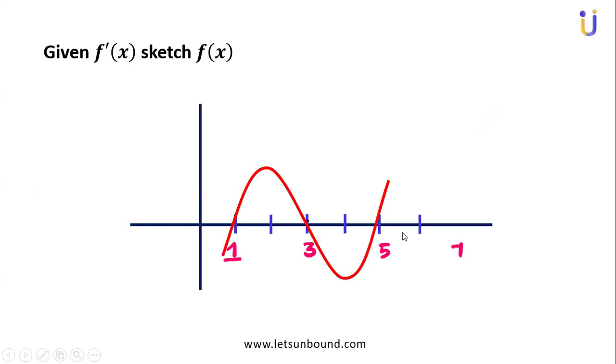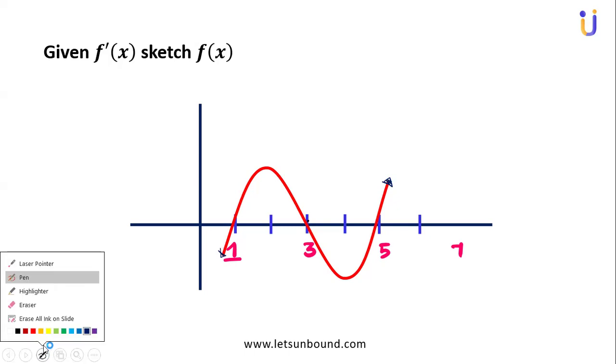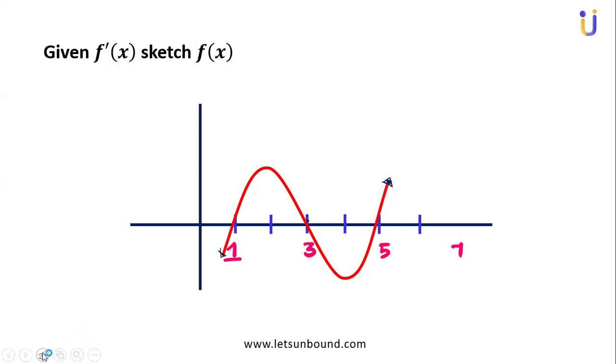Let me give an example. This is your f dash. You have to find f of x. Let's do how to sketch. It's just a sketch, not an exact graph. Right. So here, f dash of x is equal to 0 at these points, x is 1, 3, and 5, which means it has a horizontal tangent.